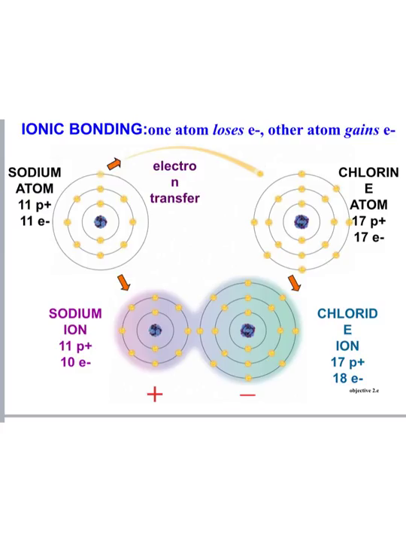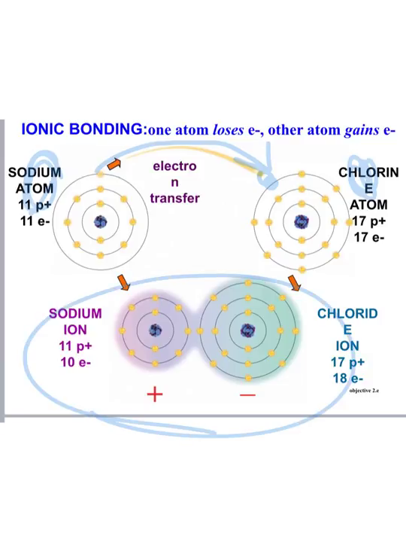When we have atoms like sodium and chlorine coming together, with sodium giving up an electron and chlorine taking on an electron, we call that an ionic bond.